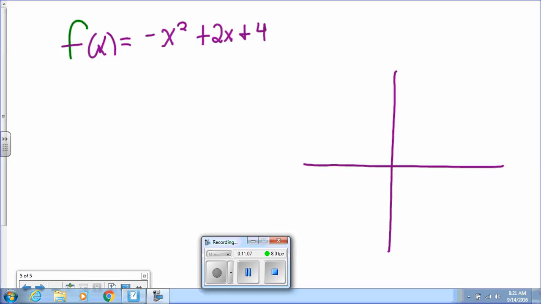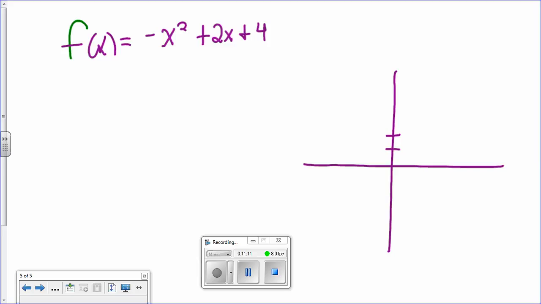A really great thing about standard form is right away you have your y-intercept. Anybody know what the y-intercept is on this one? It is 4. And how do you know it's 4? The last number, because what's going to happen when I put a 0 in for those x's? They're going to go away automatically.